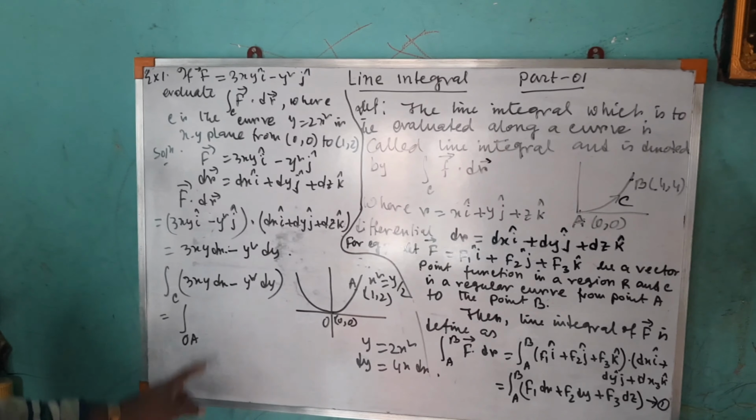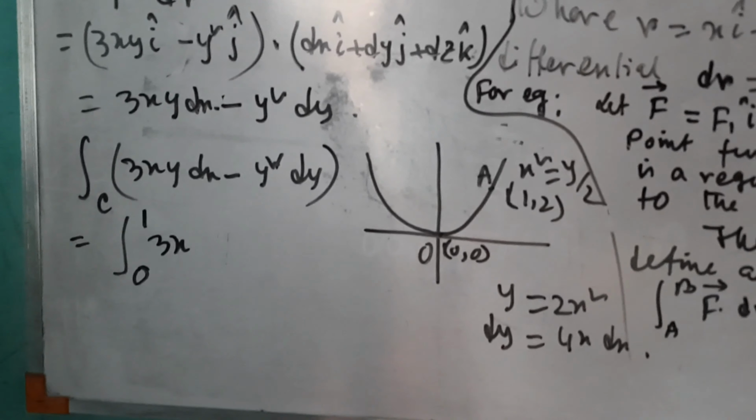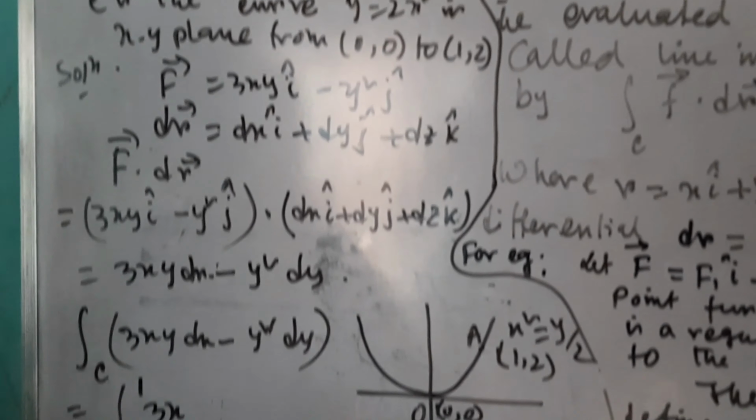So 3x into y, where y equals 2x squared, into 2x squared dx, minus y squared. What is y squared? y squared equals 4x squared, into dy. What is dy? That is 4x dx. Now you have to simplify this.